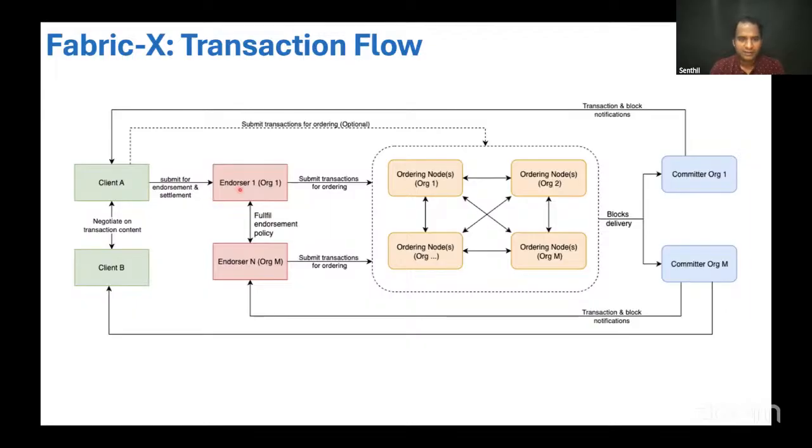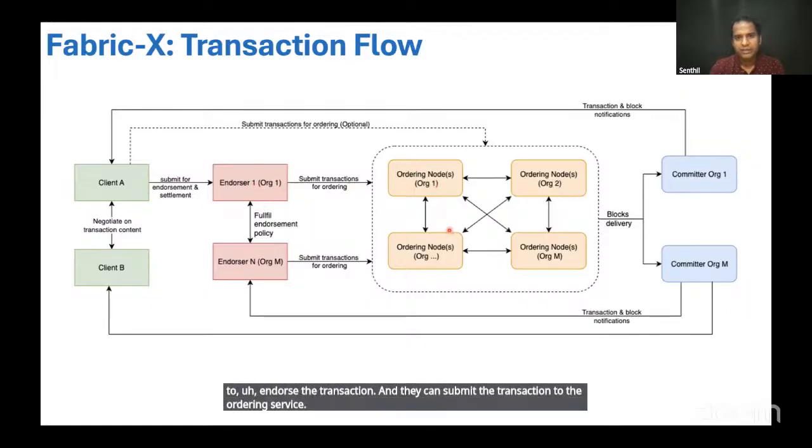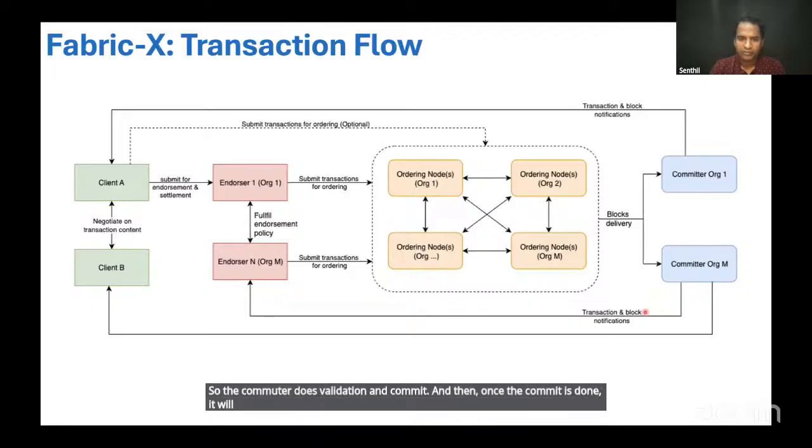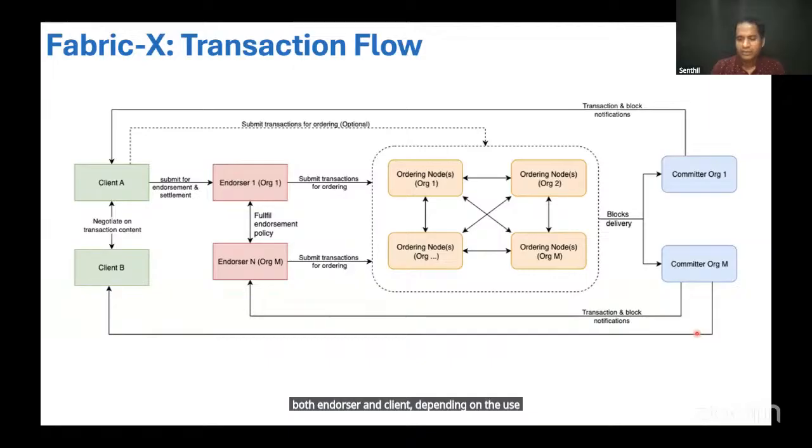That is nothing but a signature, and the endorsers can interact among themselves to endorse the transaction, and they can submit the transaction to the ordering service. Then the ordering service would order the transaction and create a block, and that would be an input to the committer component. So the committer does validation and commit, and then once the commit is done, it will send notification back to both endorser and client depending on the use cases.